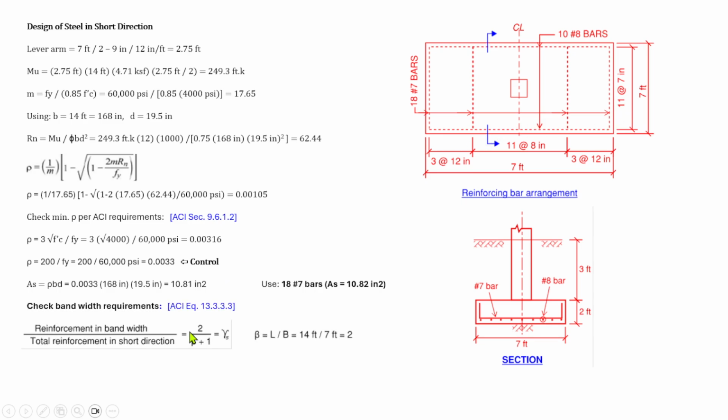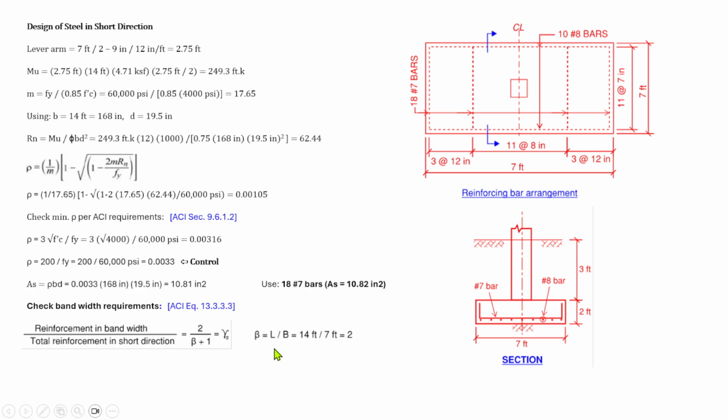Also, we need to check the bandwidth requirements. If we have the column here, there is a stress concentration in this area, which is equal to the reinforcement in the bandwidth over the total reinforcement in the short direction, that is 2 over beta plus 1. So beta is equal to L over B, that is 14 over 7, that is 2.